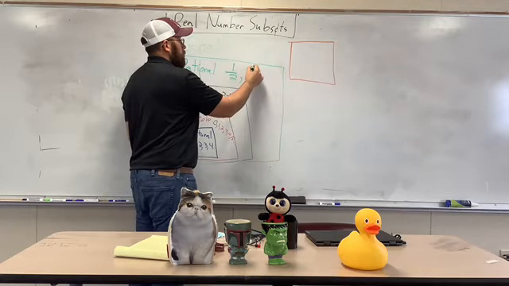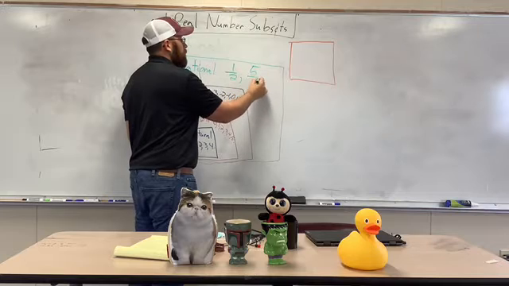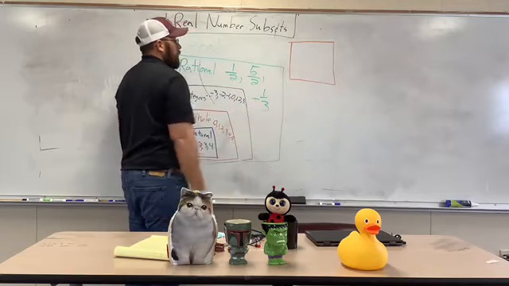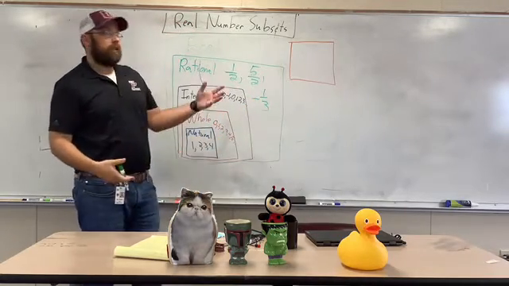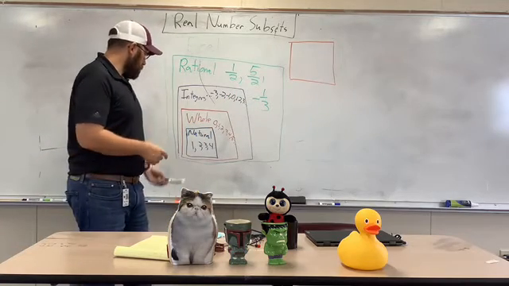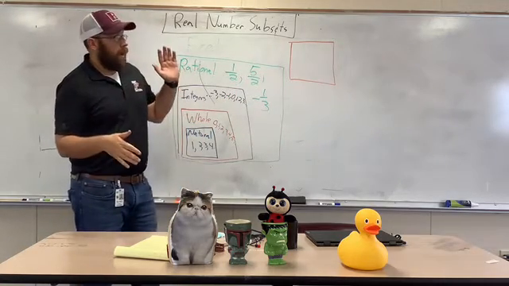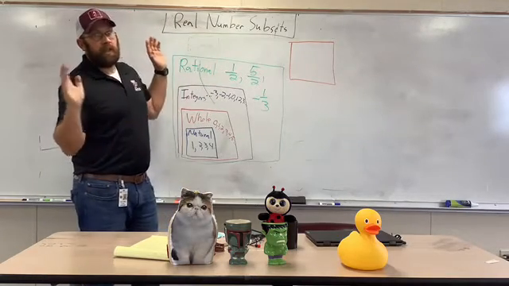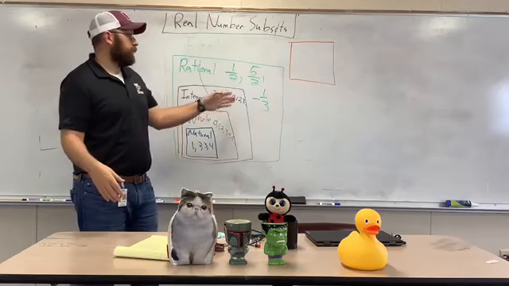So 5 halves, negative 1/3. All right, these are all rational numbers. So it's every number in between negative infinity and infinity, so numbers forever with their fractions.